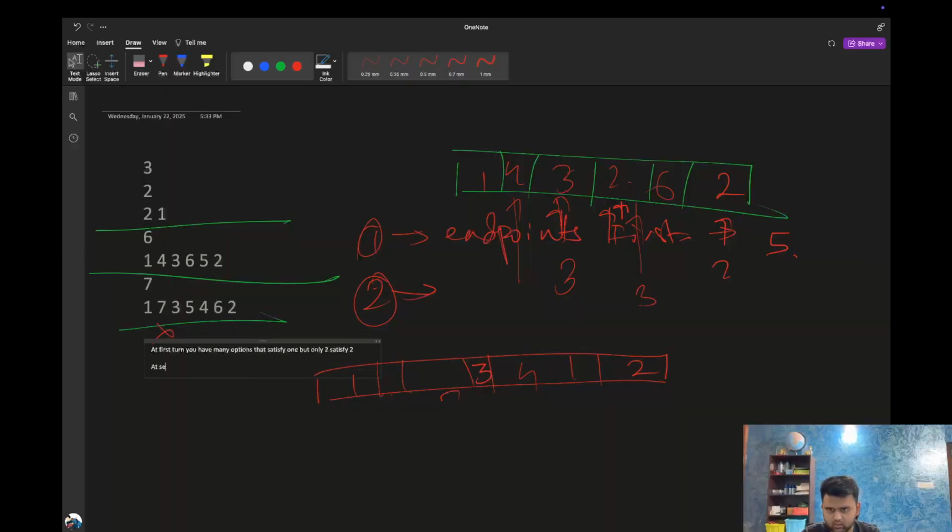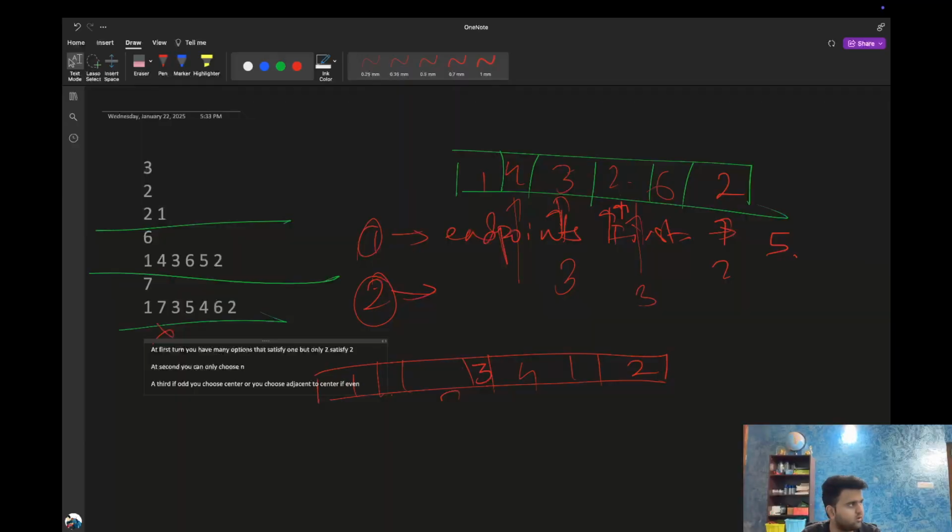At second, you can only choose n. At third, if odd, you choose center, or you choose adjacent to center. If even, any two centers.